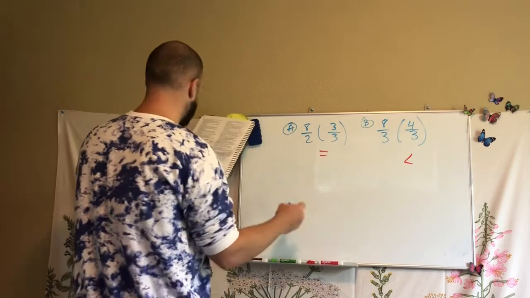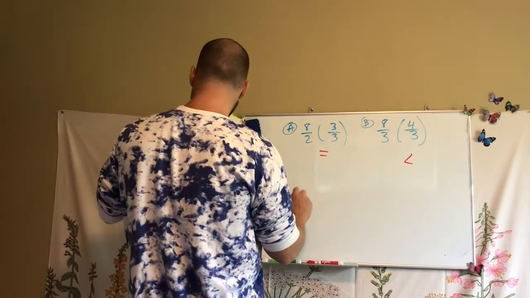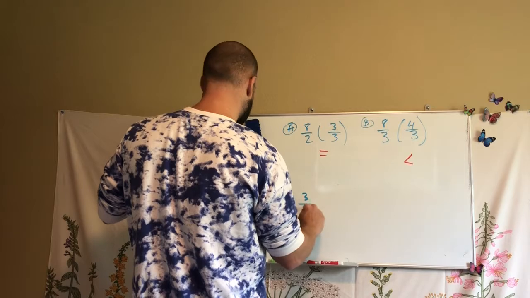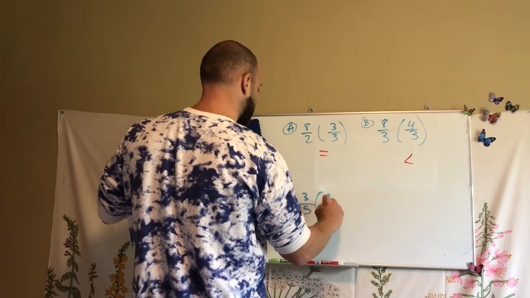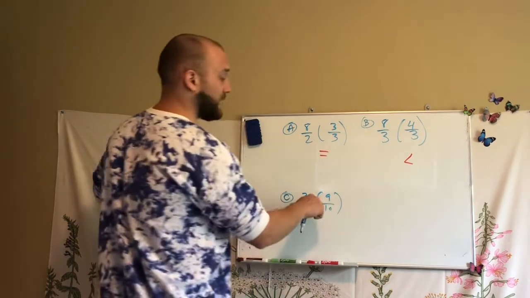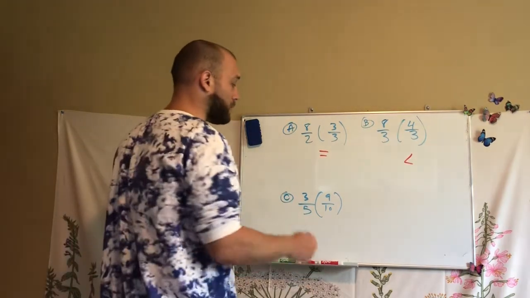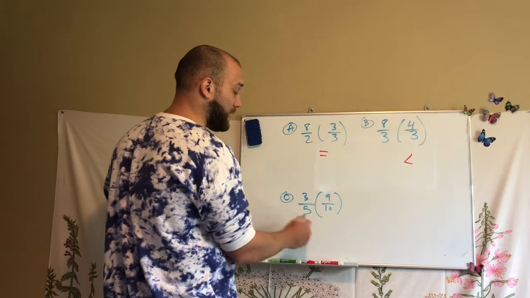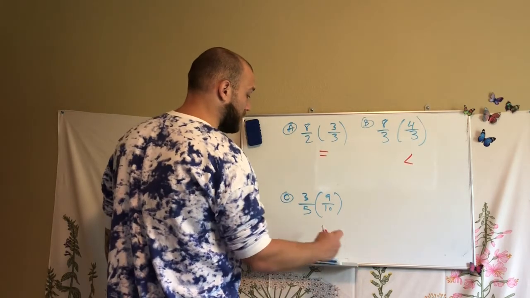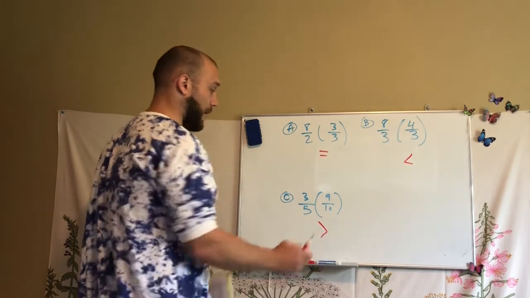Problem C is 3/5 times 9/10. Is 9/10 more than 1 or less than 1? It's less than 1. So you know the number you had at the beginning is still going to be greater than your answer. So it's going to go this way.